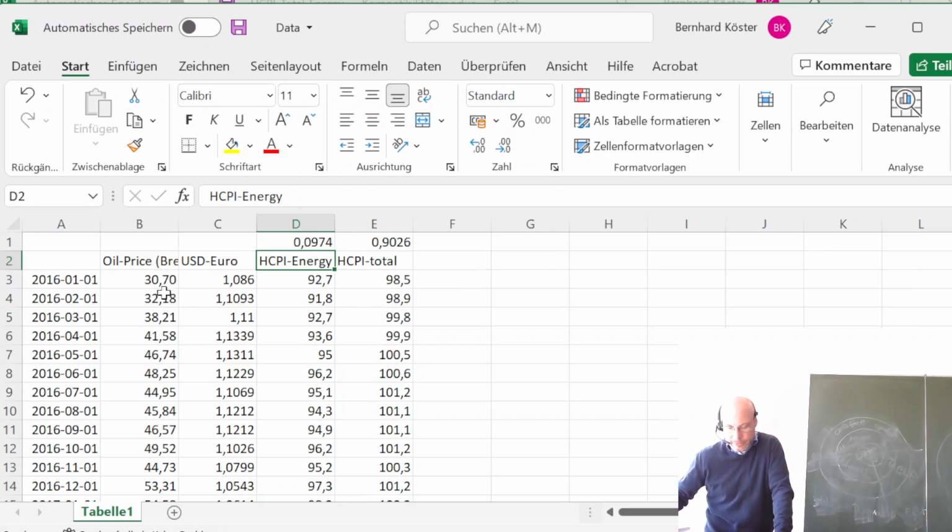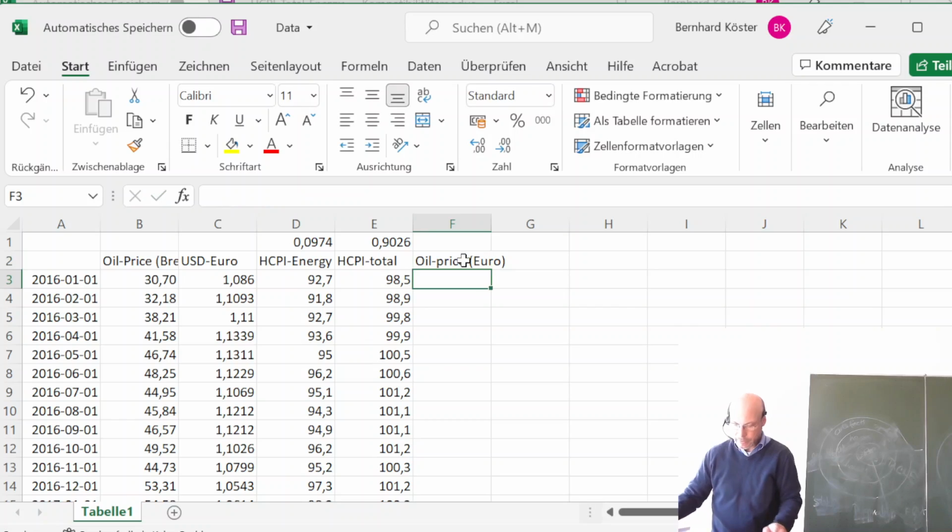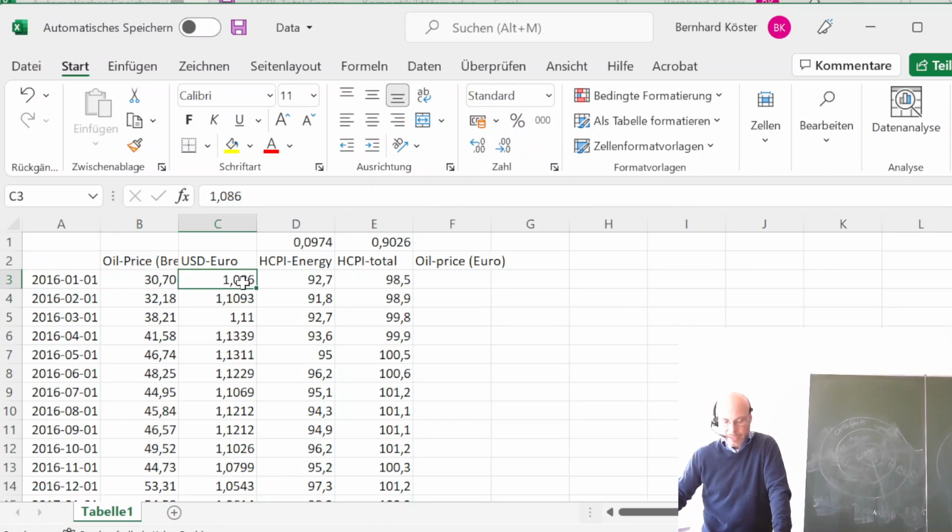So, what do we need right now? Until now, we need the oil price. This is US dollar, and this is the exchange rate. So we have to calculate the oil price in euros. What do we have to do? Then we have to divide this number by the exchange rate.